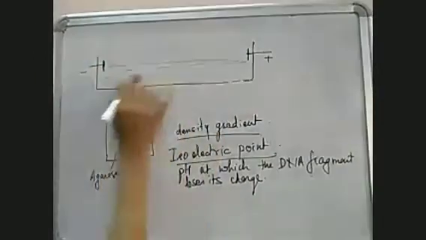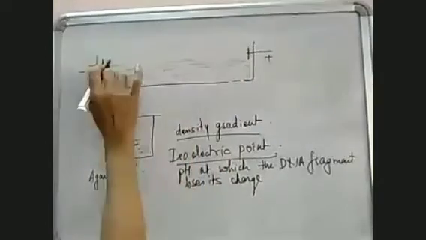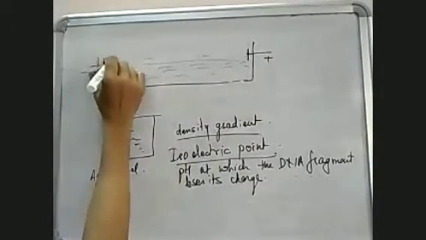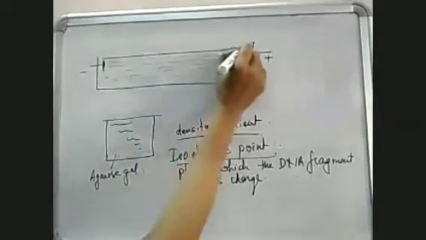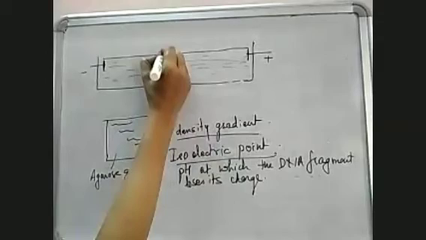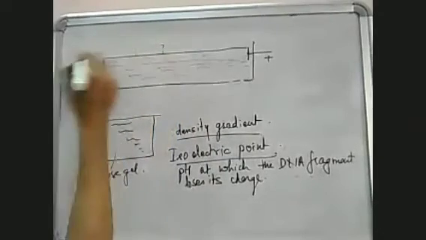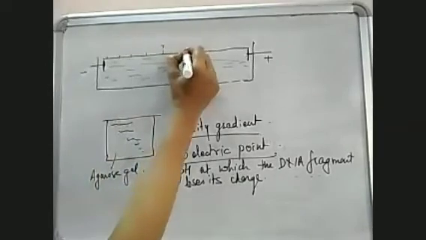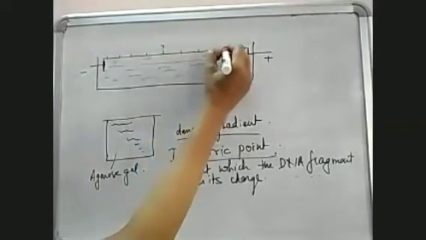And at the same time, we set a pH meter here, so that 7 is set over here, and below 7 all the numbers, 5, 4, 3, 2, are set over here, and after 7 all the numbers are set here.